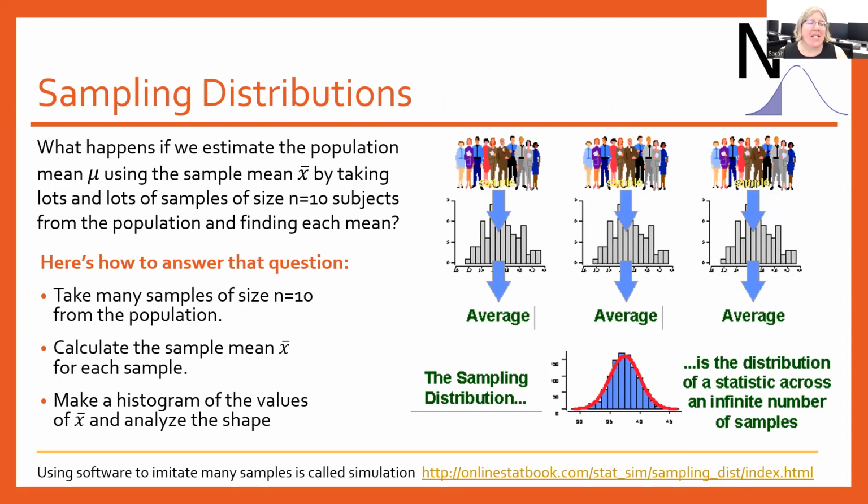So with this simulation, we're asking the question, what happens if we estimate the population mean mu using the sample mean x bar by taking lots and lots of samples of a specific size from the population and finding each mean? So the process behind that would be taking a sample, calculating the mean, and repeat that over and over and over again, and then plot those values in a histogram and analyze the shape.